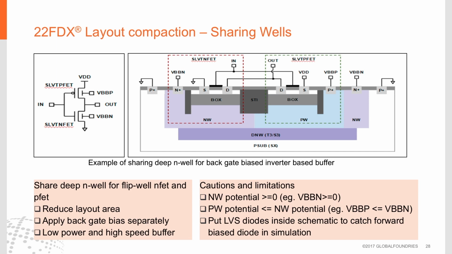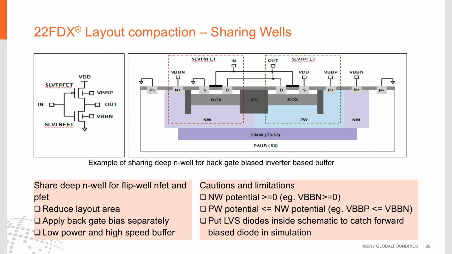The N well that helps isolate that is on the left side part of the N well of the SLVT-N FET. So you can share deep N wells for flipped well N FETs and P FETs. This reduces the layout area. It allows you to apply a back gate bias separately. It also applies for low power and high speed buffers.